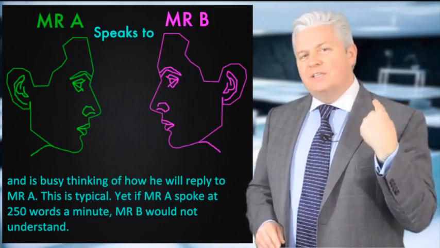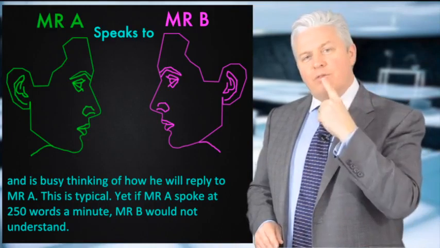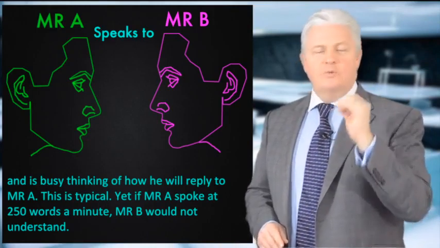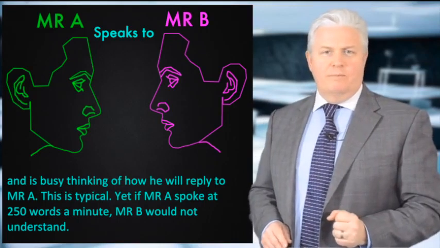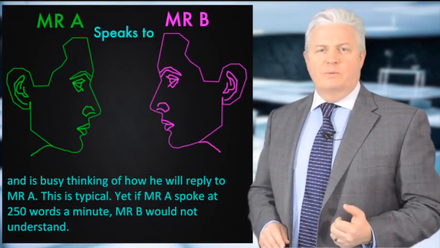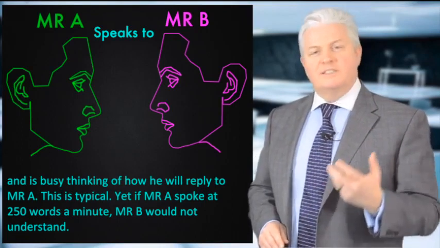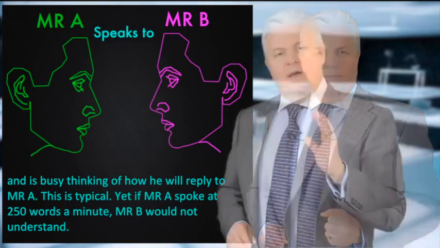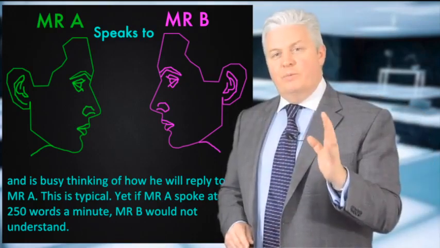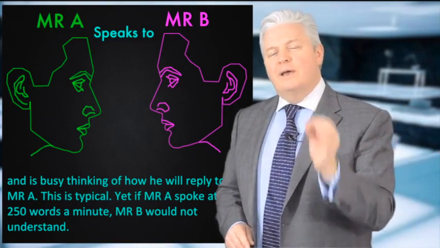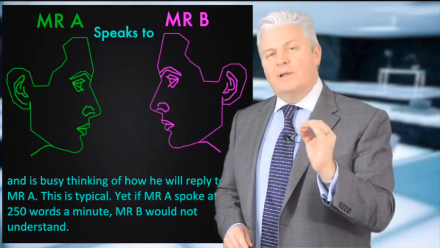But the interface between the mouth and the brain cannot cope with 250 to 300 words a minute. Not for technical data, not for the sort of information that we want to impart to clients, customers, colleagues, friends, family. It's really typical with human beings. They are talking, but not listening, and not processing, and not understanding.